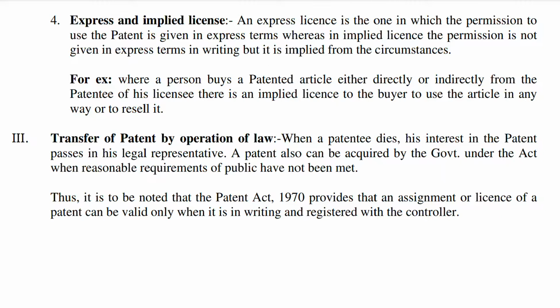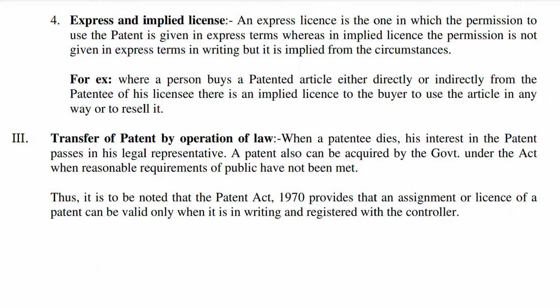Now the second major mode of transfer of patent rights is transfer of patent by operation of law. Basically, when a patentee dies, his interest in the patent passes to his legal representative. A patent also can be acquired by the government under the Act when reasonable requirements of the public have not been met.